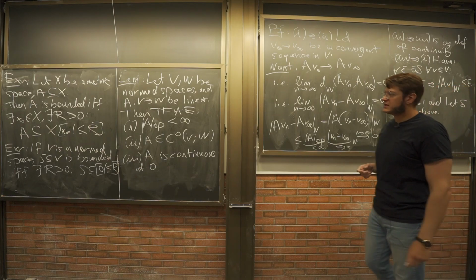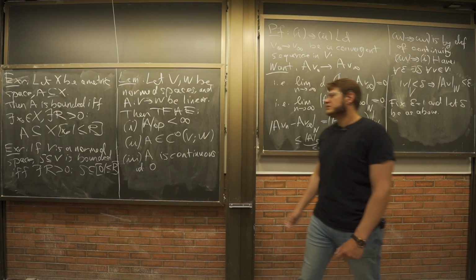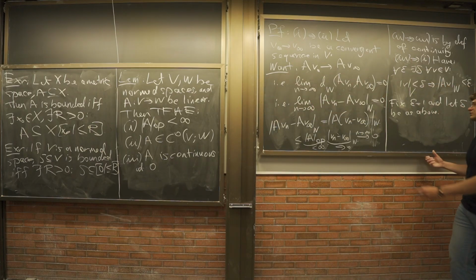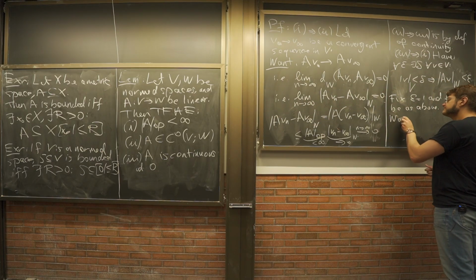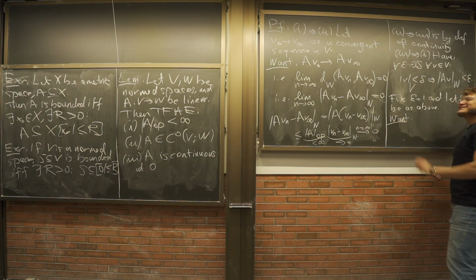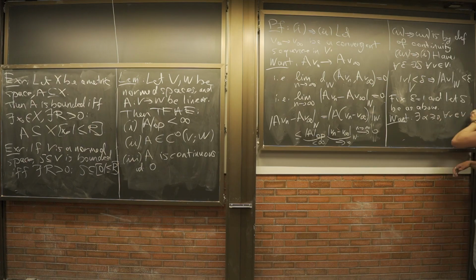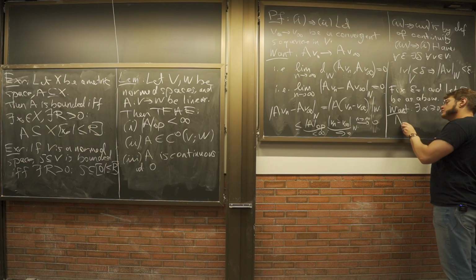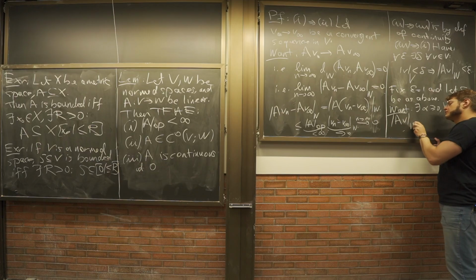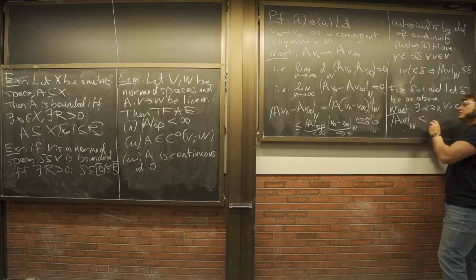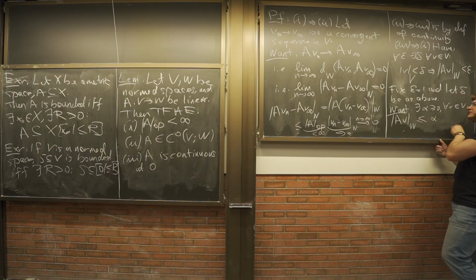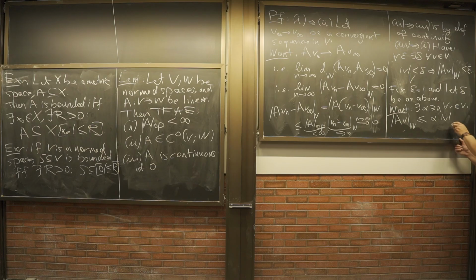I want to show that the operator norm of A is bounded. In other words, I need at least one number, some alpha, such that for any V in V, AV in norm is bounded by alpha times V in norm.